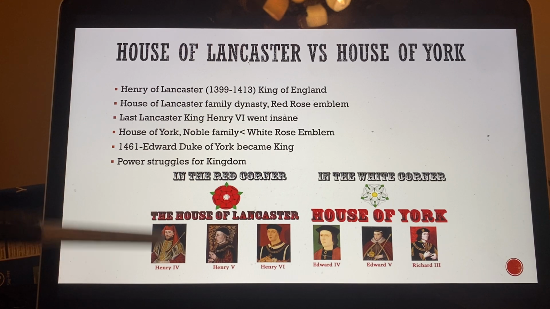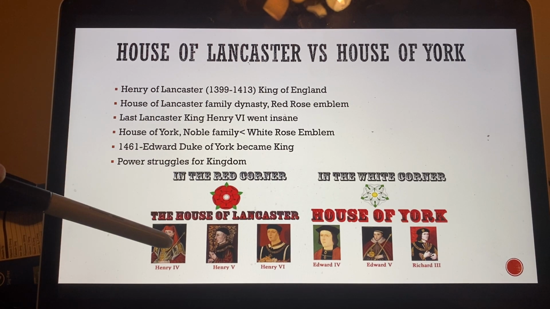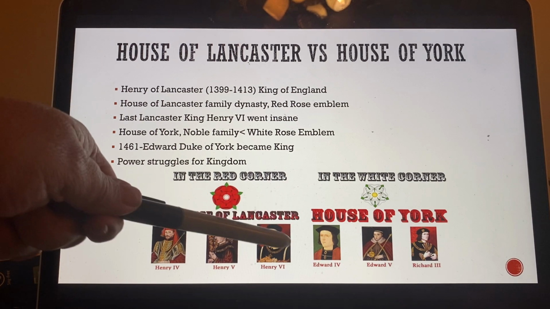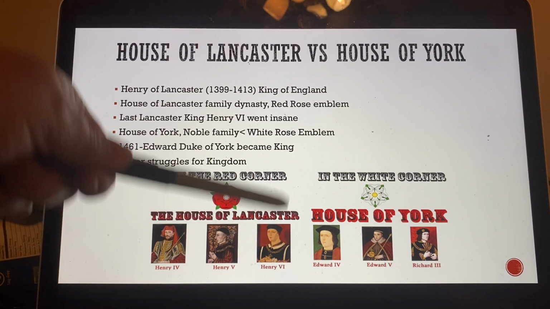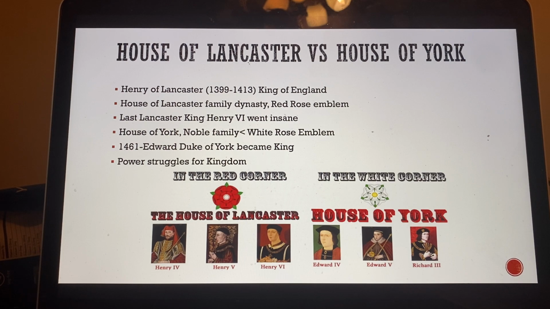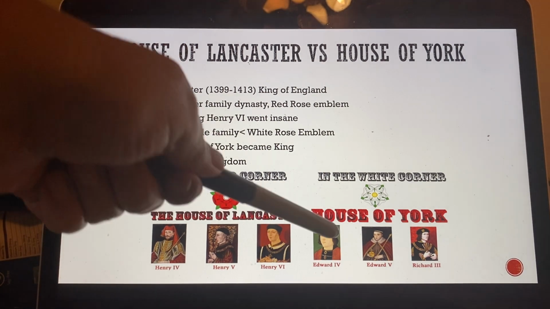Henry the Fourth ruled. Remember, he took over Richard after the 100-Year War, who was a failure and a tyrant. So now we have Henry the Fourth, Henry the Fifth, and Henry the Sixth went insane. Of course, you can't have a king that's insane. So he went insane, and so the House of York.